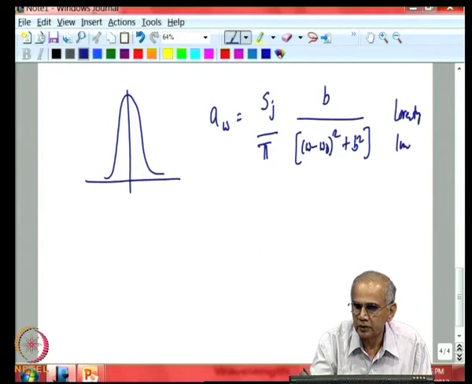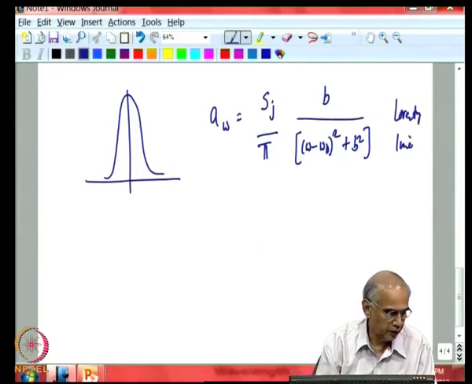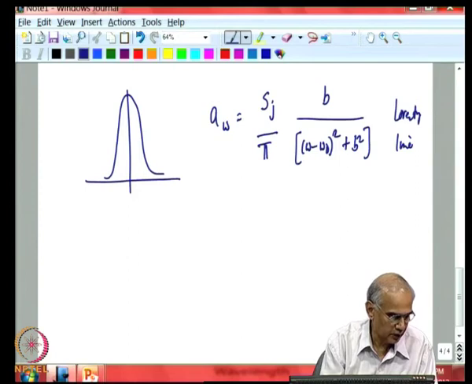So, imagine you have a single Lorentz line and you want to integrate and find out what is the absorptance due to the single Lorentz line.